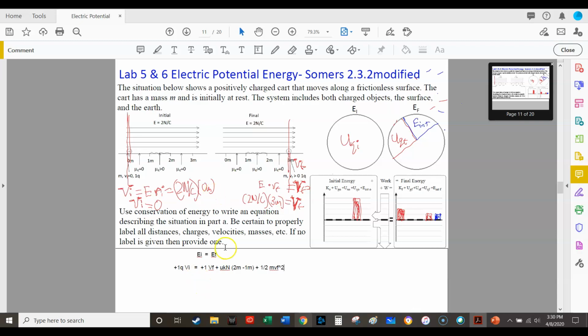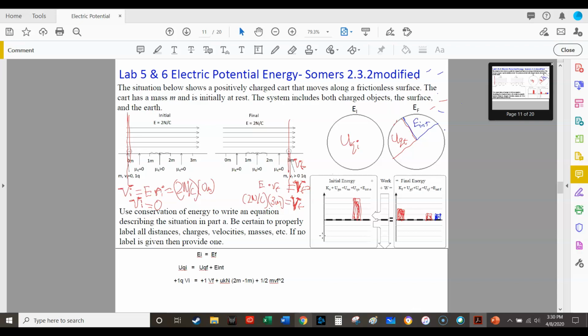So notice I skipped a step, and I'm sorry I did that. I probably should have just overtly written out these energies, and I'll do that now. But this initial part right here is U_QI, and that's equal to U_QF plus the internal energy.